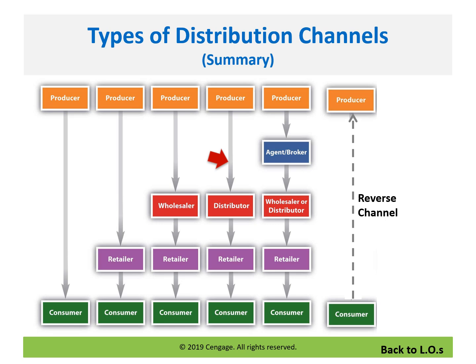Another intermediary configuration is from the producer, handled by an agent or a broker, to the wholesaler or distributor, then the retailer, which distributes the products to the consumers.